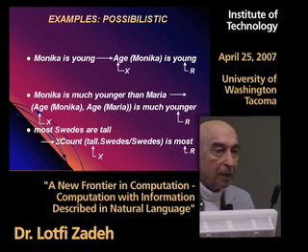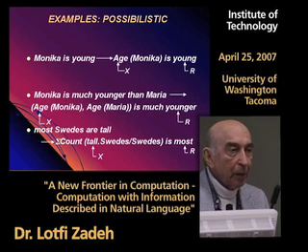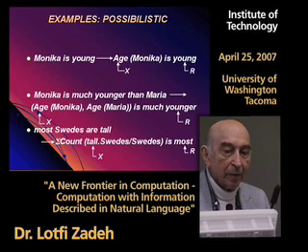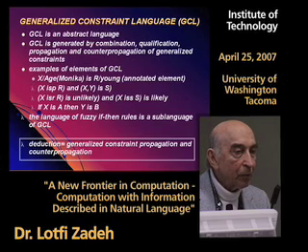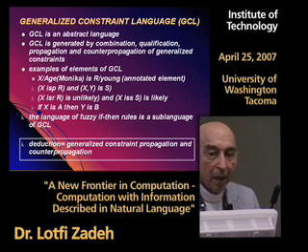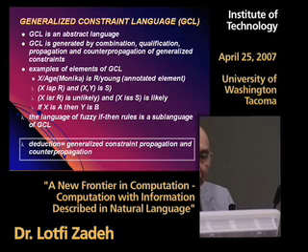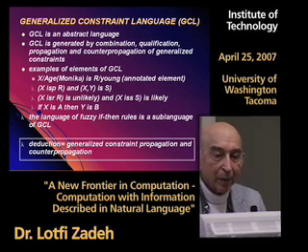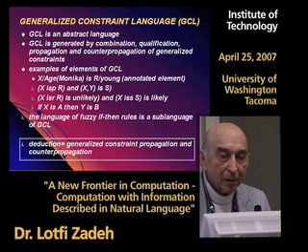So what we're going to do is this. We are going to take these generalized constraints, combine them, modify them, qualify them, and so forth. In that way, we are going to construct what is called the generalized constraint language. It's a language of constraints.